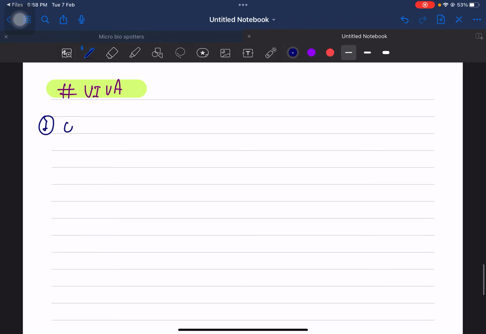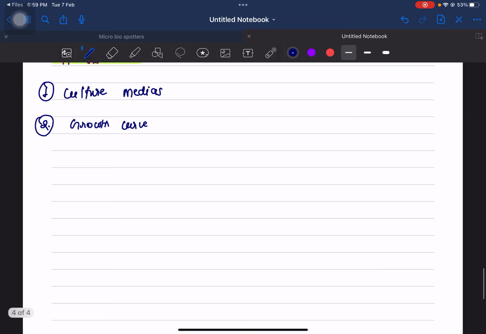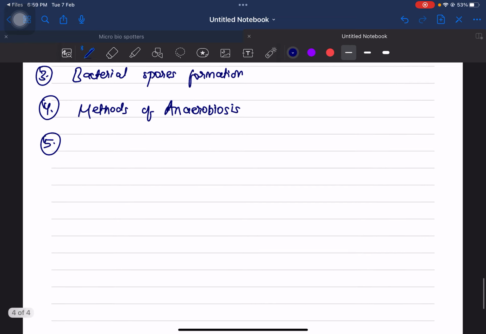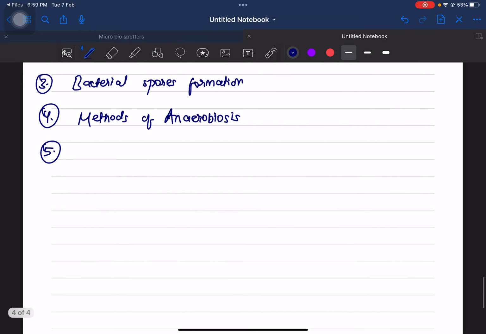So in the basic concepts, know about the culture media. It is quite important. Similarly, about the growth curve of bacteria, and how the bacterial spores are formed, then methods of anaerobiosis, similarly decontamination, disinfection and sterilization.